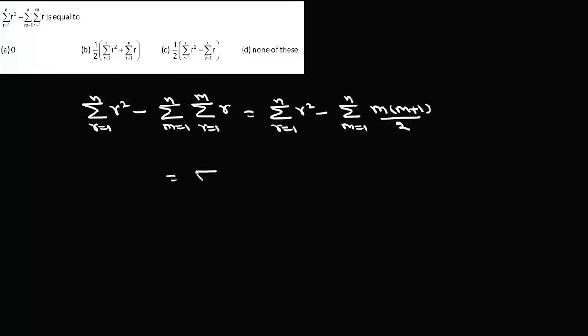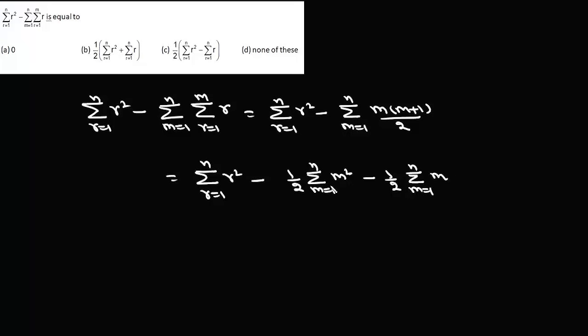So basically this is summation r from 1 to n of r square, minus 1 by 2 summation m from 1 to n of m square, minus 1 by 2 summation m from 1 to n of m.